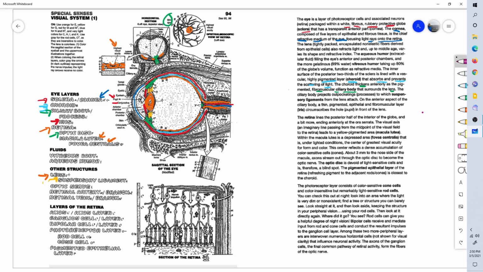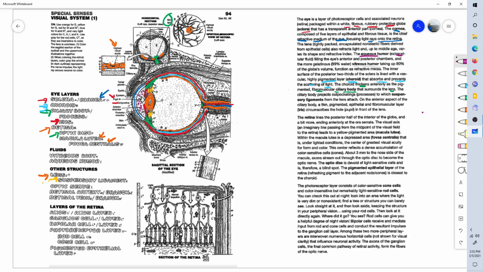And in front of the lens, there's another fluid called the aqueous humor. This is also a liquid, a transparent fluid that light can travel through. So the vitreous humor here, and the aqueous humor, extracellular fluid.